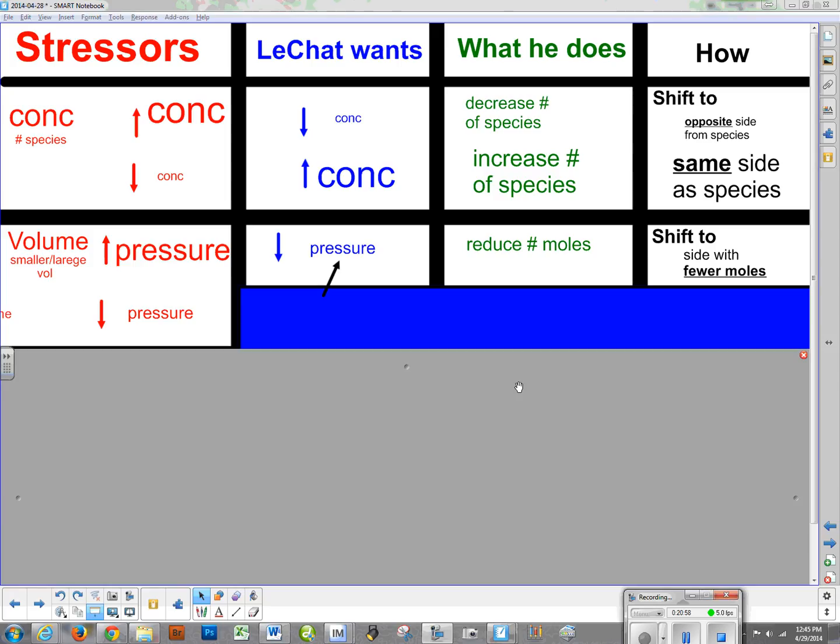Okay, so with the pressure going up, what Le Chatelier has to do to reduce the pressure is to reduce the number of moles. When he reduces the number of moles, he has to go to the side of the equation that has fewer moles. So if the equation has the same number of moles on both sides, he can't do anything. His hands are tied. But if they are different, he can make some adjustment.